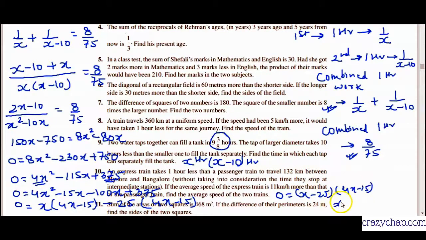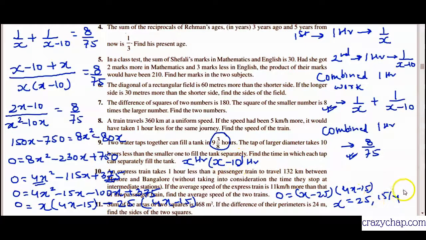So we have two values of x basically. One is 25 and one is 15/4. We'll check whether both these values satisfy the condition or not. x equal to 25 is fine. We'll get 25 hours and the other tap will take 15 hours, since 25 minus 10 is 15.